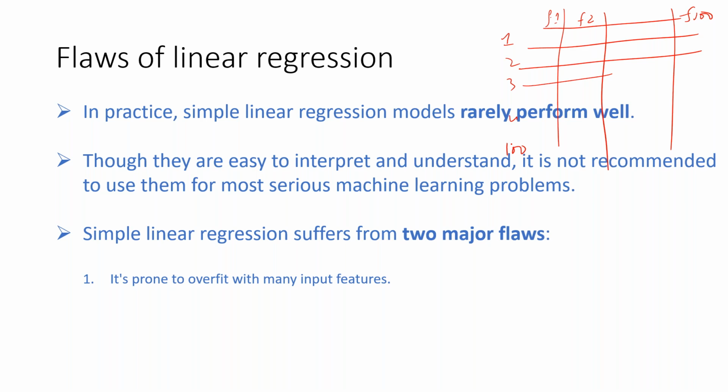If we have 100 features, you need at least a million observations for that table to be a little bit balanced. If you have 100 features and 100 observations, then what does simple linear regression do?